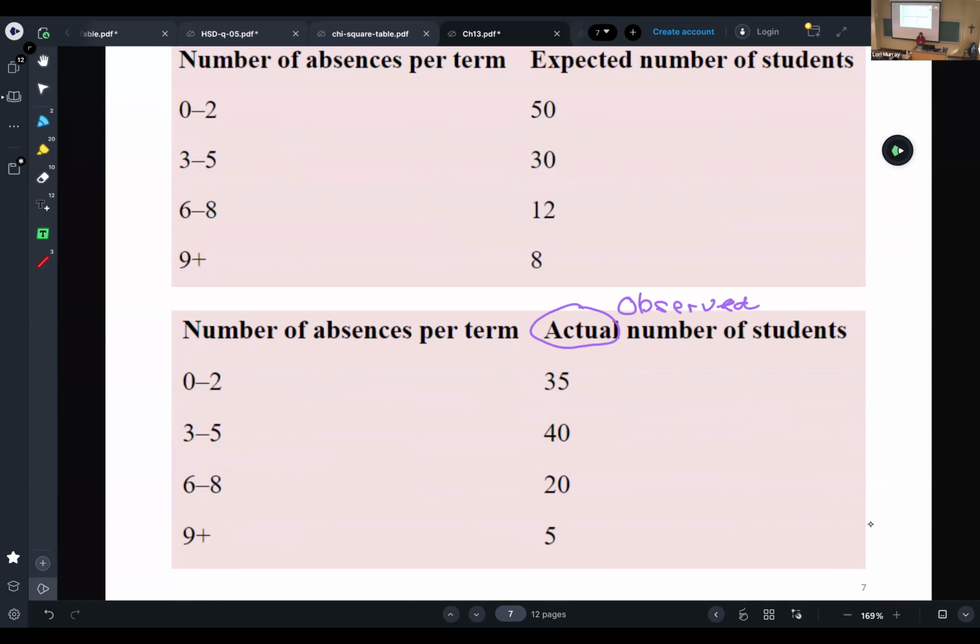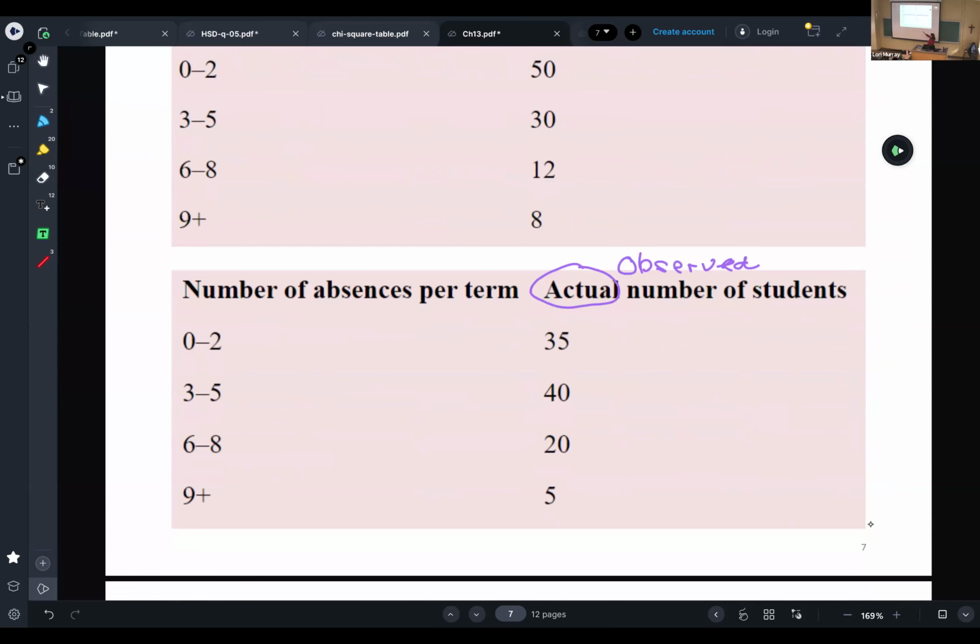They take attendance and they find that for 0 to 2 days, it's 35%, right? 40% of the students missed 3 to 5 days, 20% missed 6 to 8 days, and 5% missed 9 or more for every 100 students. So we can run a test to see if what they expected was the same as what actually happened. And that's called the goodness of fit test.